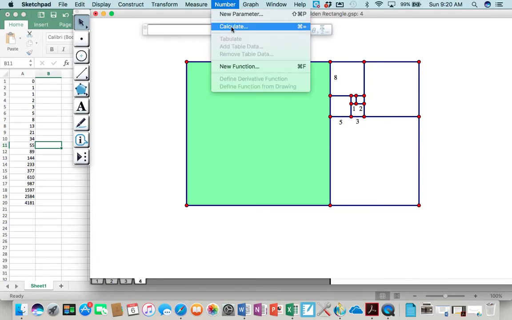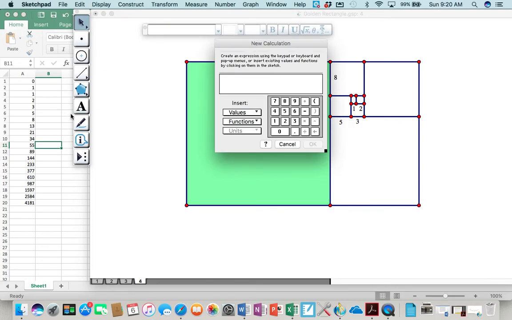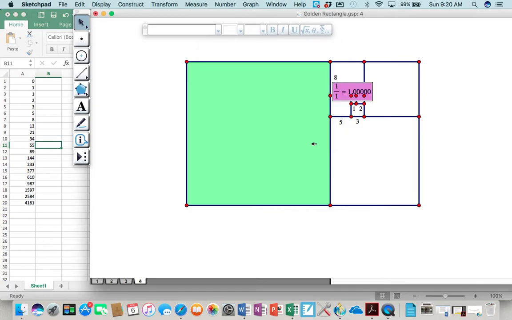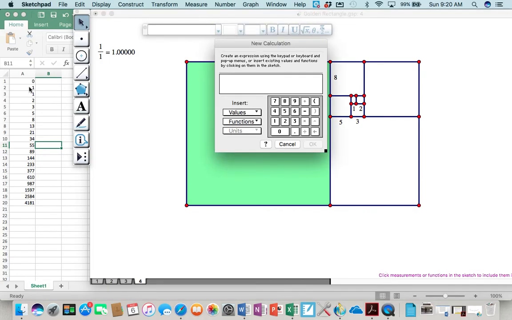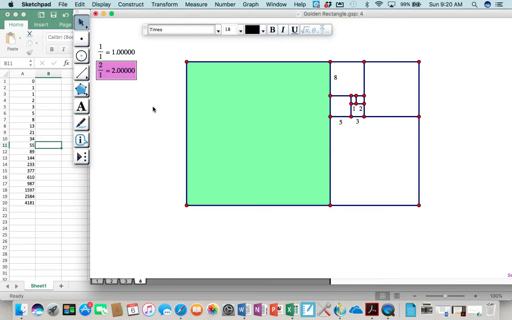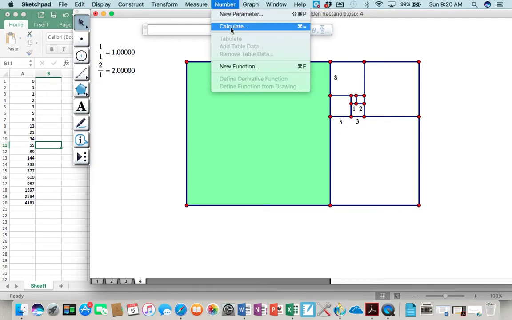I'm going to start with 1 divided by 1, which is going to be very easy. 1 divided by 1 equals 1. That's not news to us. Then we've done 1 and 1, so let's go 2 divided by 1. 2 divided by 1 is 2. Hey, wait a minute. Are we not going in the wrong direction here? What's going on? All right, let's try 3 divided by 2 now.